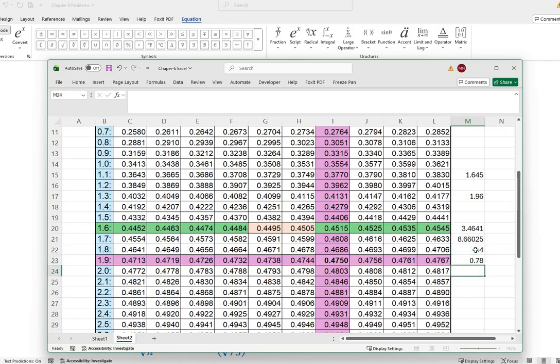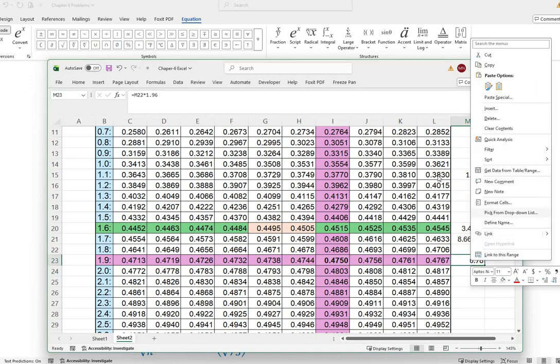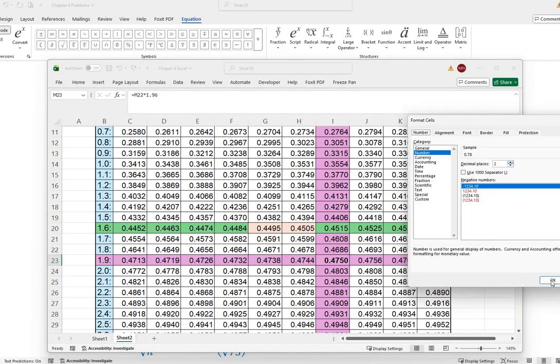Multiplied by 1.96, this is 0.784 when we take more decimal places.